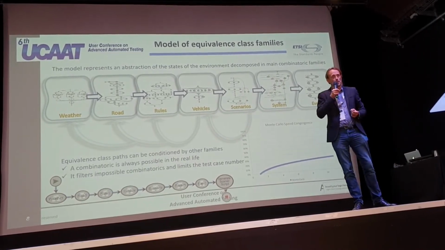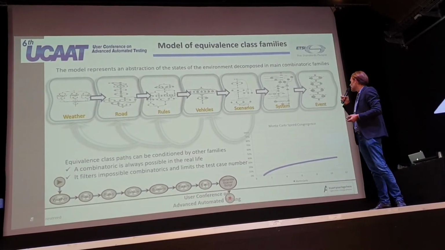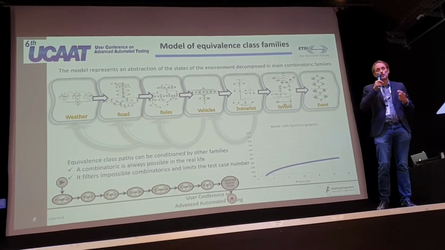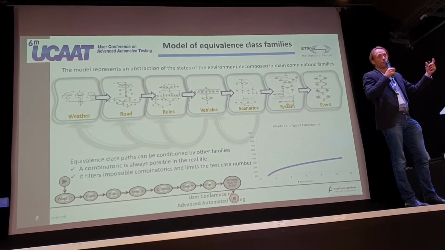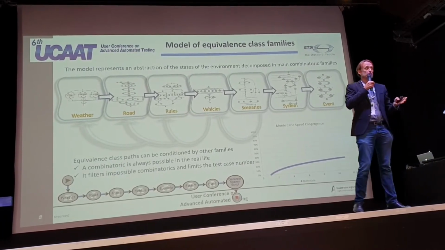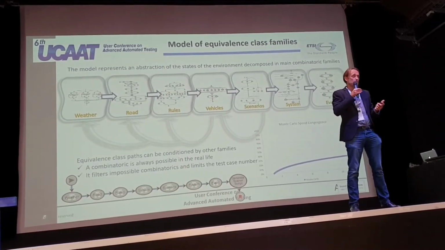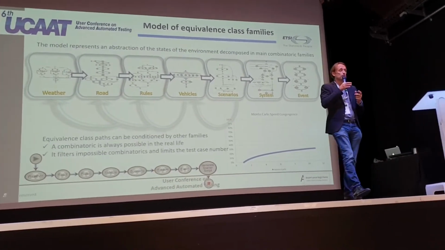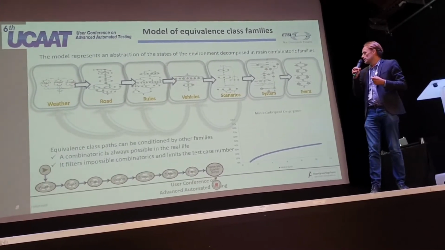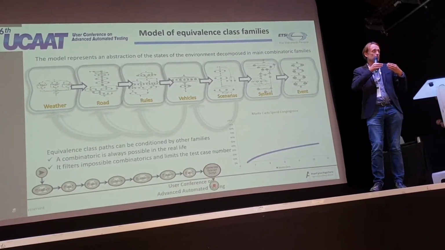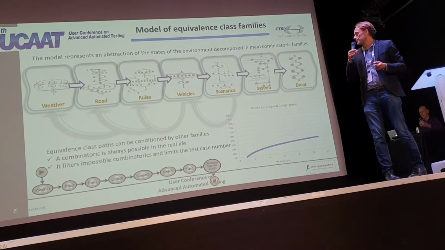In each model, you have some probabilities to go from one state to another, and we also have some conditions. For example, if you go first into the weather family and you select snow, after that you can only use some parameters depending on the snow. So all the parameters are linked together and the families are built to work together, so all the test cases generated can be executed in real life.